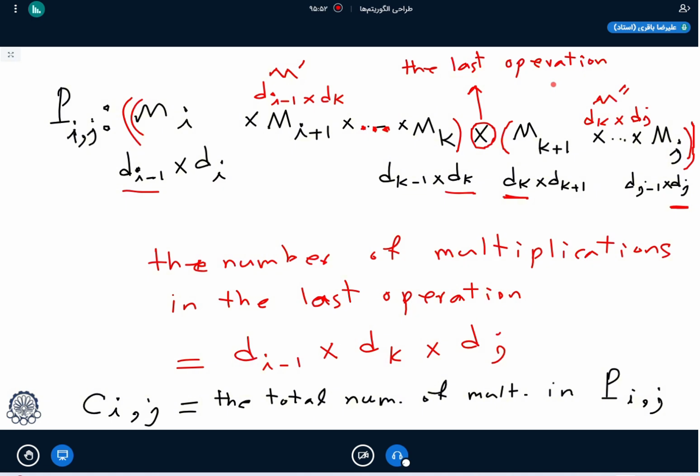So what we can do is to consider all the options. The last operation may be between Mk and M(k+1), or maybe between Mi and M(i+1), or any of these operations. So we can consider all the possibilities, and between these possibilities select the best one.